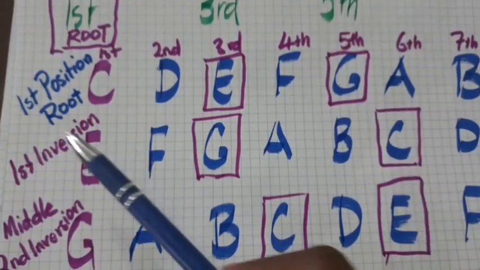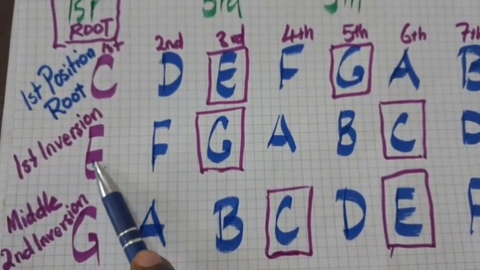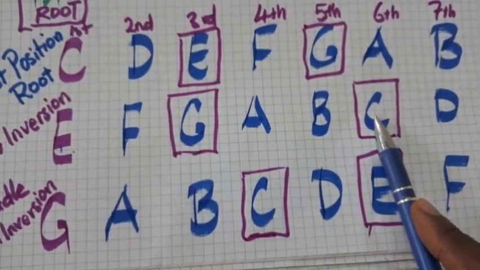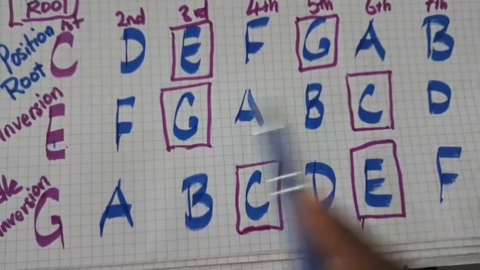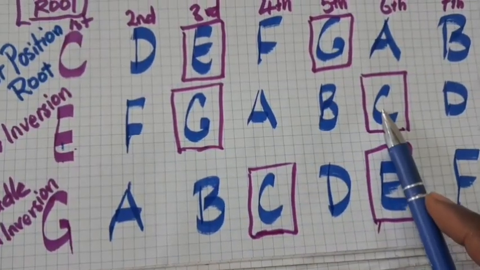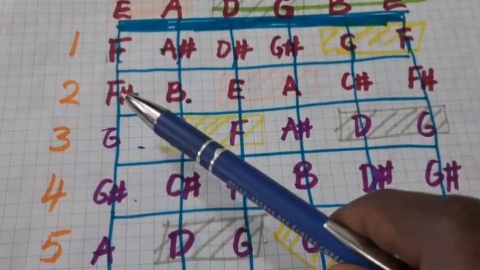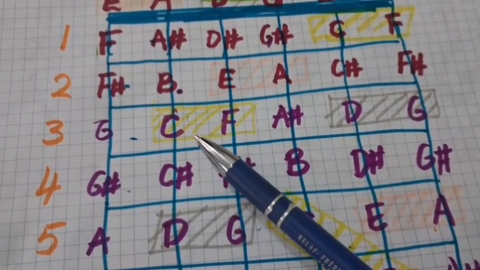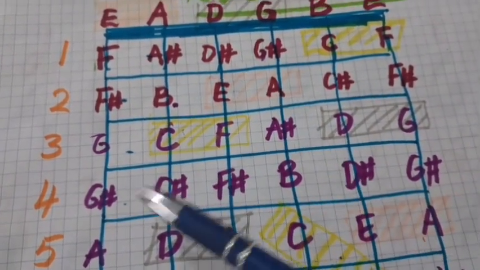So the first inversion is mi, so, do. E, G, C. The first key always takes the bass, as some might call it.